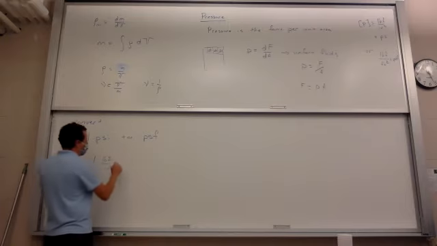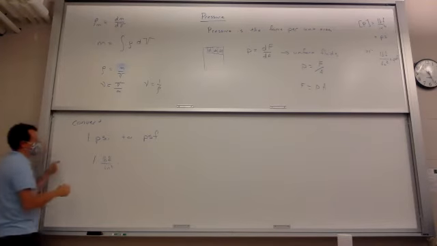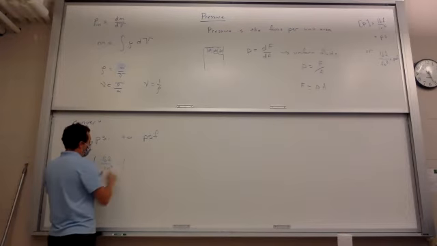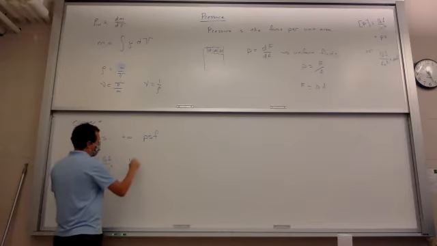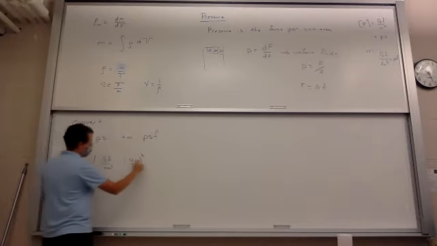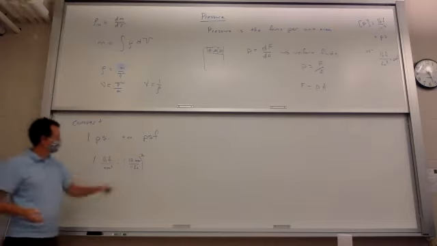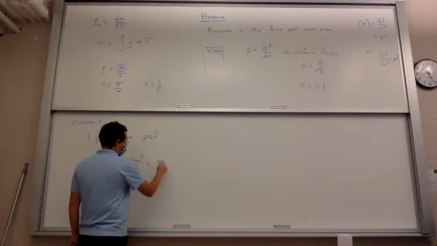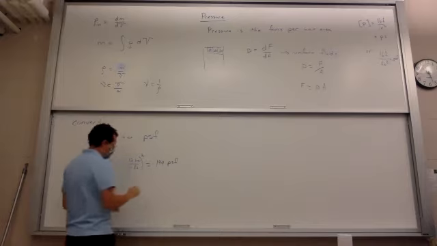Okay, so you want to multiply this. Remember that there are 12 inches in 1 foot. So my unit ratio will be 12 inches over 1 foot, squared, so that these units cancel, and I'm left with pounds per square foot. So that is 144 psf.